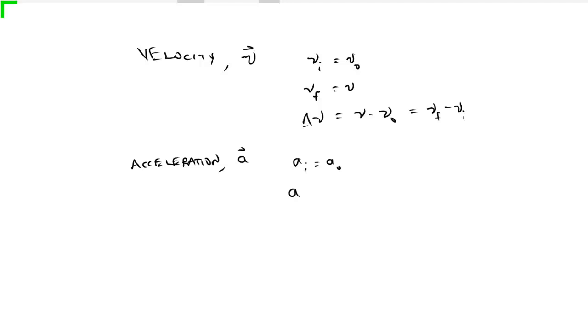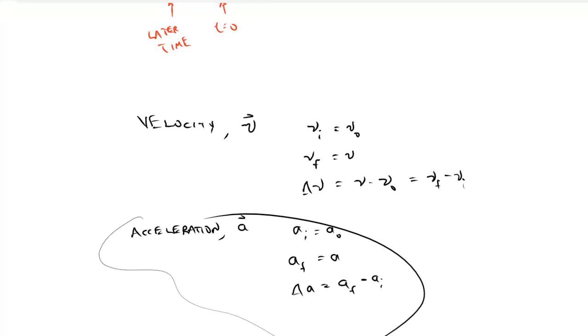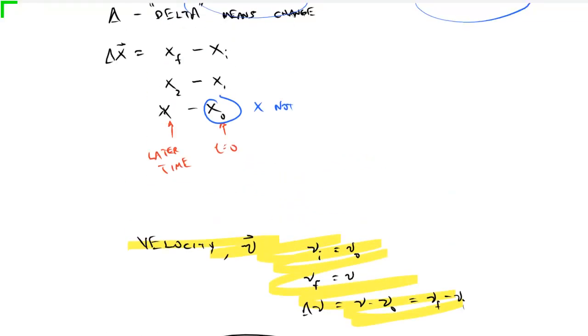Or we have a final, and delta a would be a final minus a initial. Although for 95% of all the problems we do in this class will have a constant acceleration, so a lot of this won't come into play later on. It'll just be more dealing with velocity and also with the delta x.